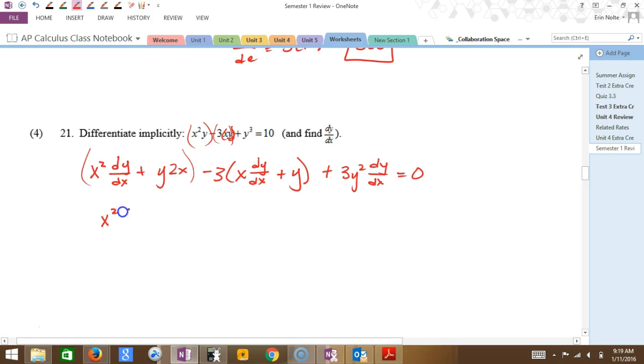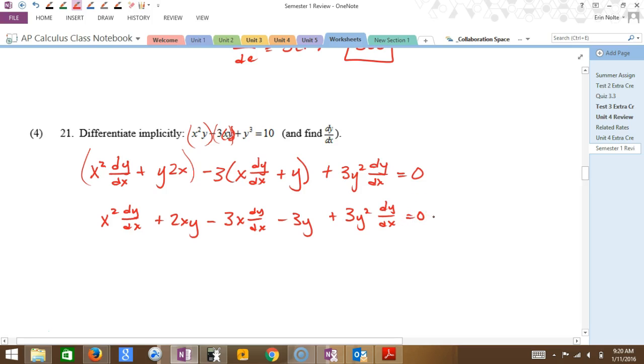So I have x squared dy dx plus 2xy minus 3x dy dx minus 3y plus 3y squared dy dx.